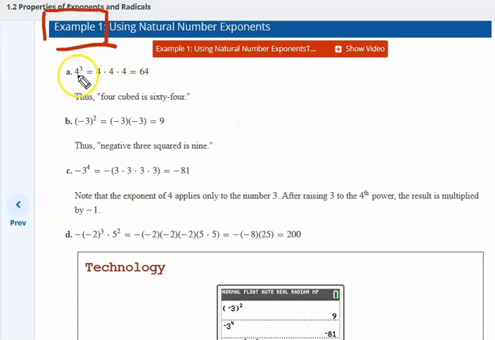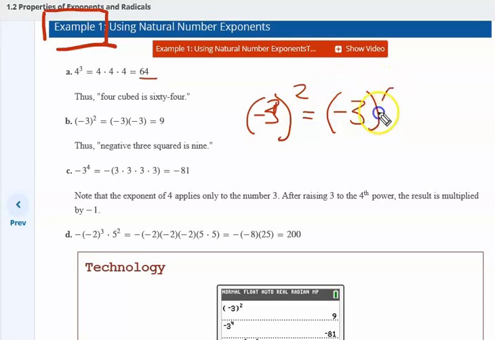What does 4 to the third power give you? Well, 64. Now here in letter B, our base is a negative 3 that's squared. So this would be a negative 3 times a negative 3.